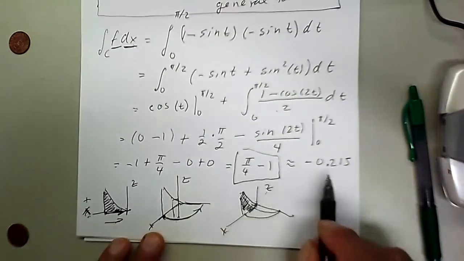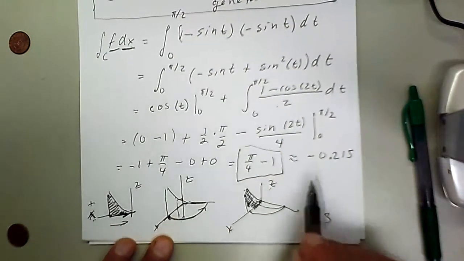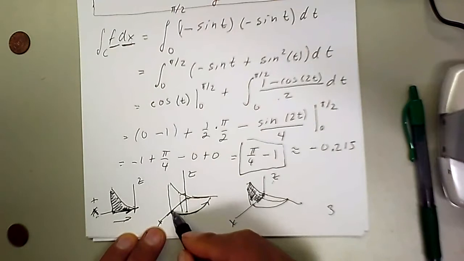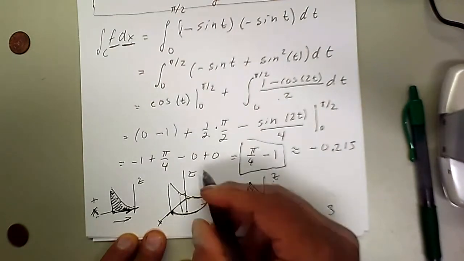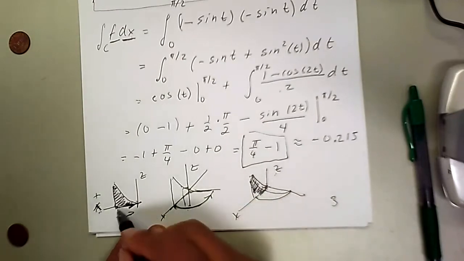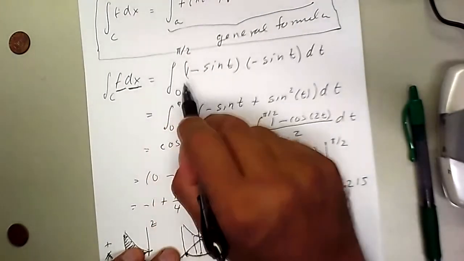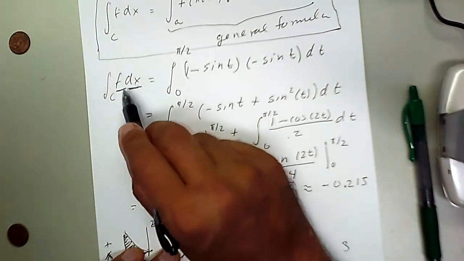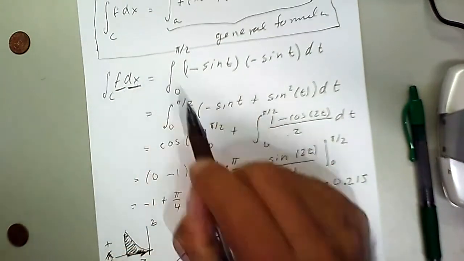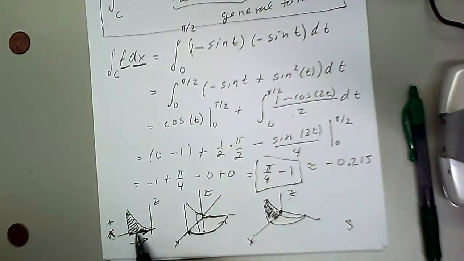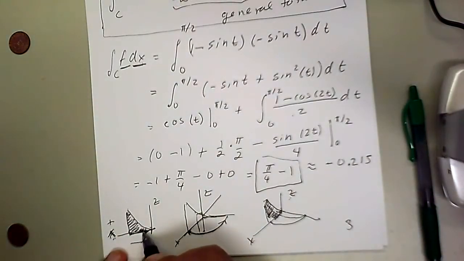That explains why we end up with a negative answer, because the curve is going from the positive x-axis towards the negative x-axis. Consequently, the delta x's corresponding to the integral, before we integrate, all of them are going to be negative. All of them are negative. And that's why we're multiplying negative delta x's.